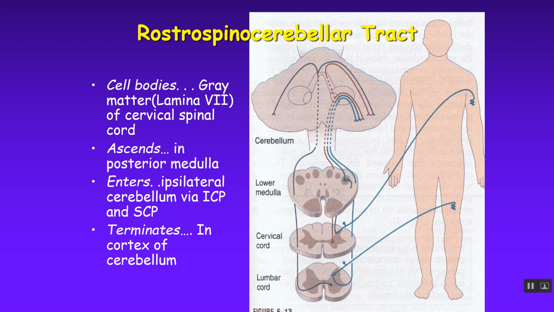But all of them start on the same side, and all of them ultimately end on the same side, and they all just tell us about unconscious proprioception. So if I have damage to the right side of my cerebellum, the right side of my body might have poor coordination because it's the same side. Versus conscious proprioception, if I have damage to the left side of my brain, I'm going to have loss of conscious proprioception on the right side of my body because they cross over.